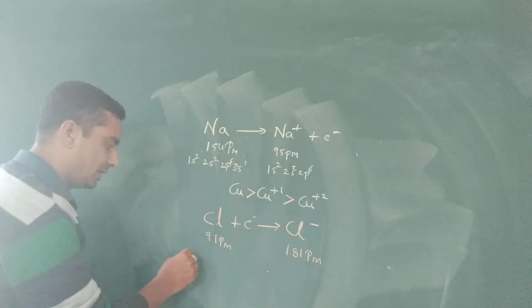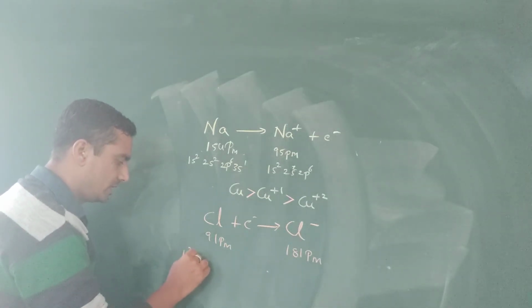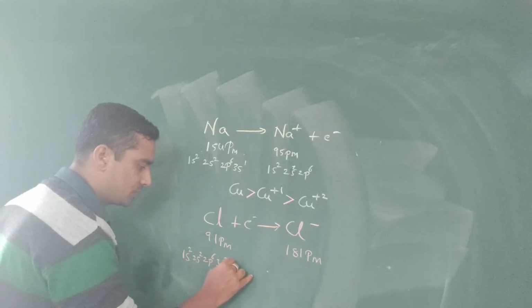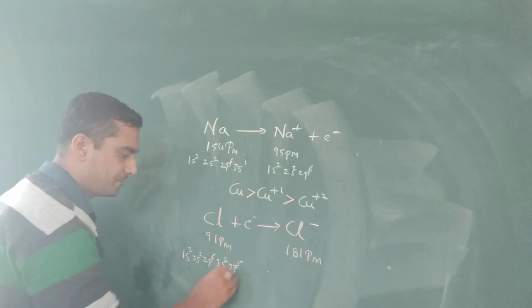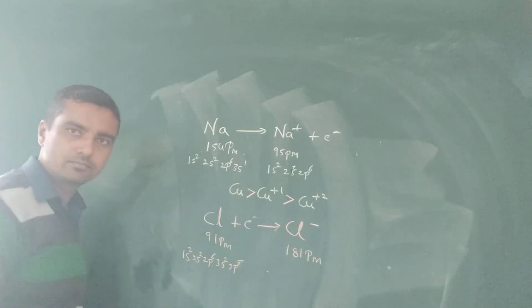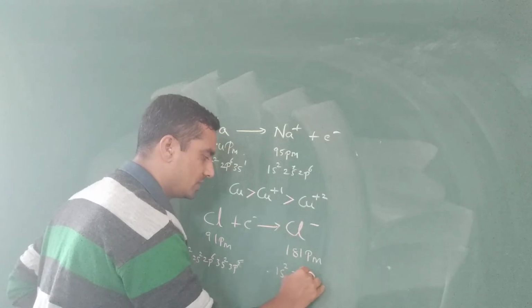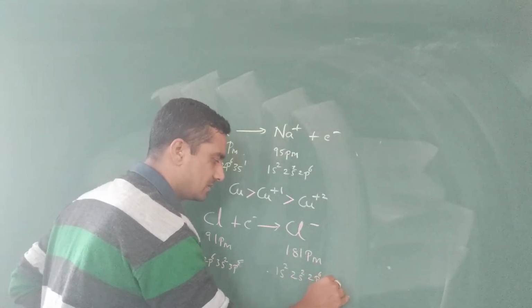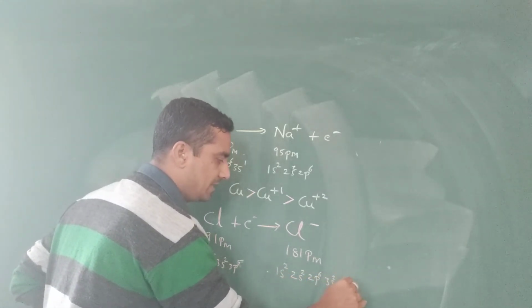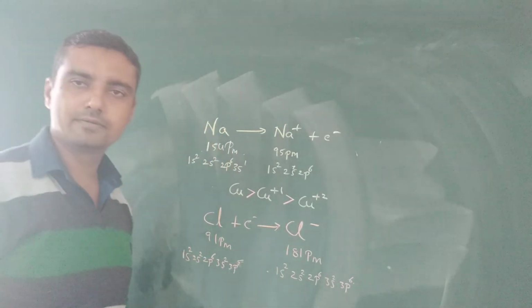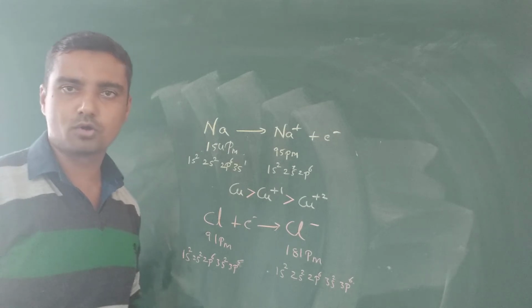If you write the electronic configuration of chlorine, it is 1s2, 2s2, 2p6, 3s2, 3p5. For the chloride ion it is 1s2, 2s2, 2p6, 3s2 and 3p6, so the atomic number becomes 18 according to the configuration of argon.